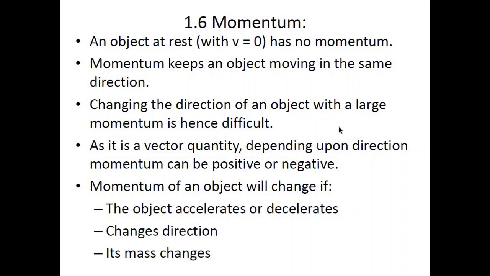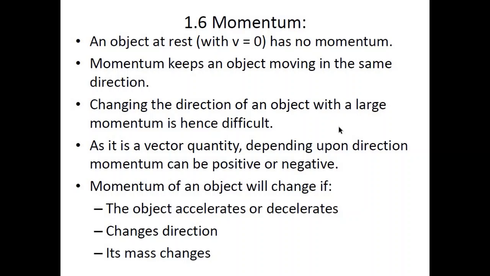Momentum keeps an object moving in a straight line or in the same direction. The momentum of an object forces it to keep on moving in the same direction. If you have to change the direction of an object, then you'll have to change its momentum, or overcome its momentum.